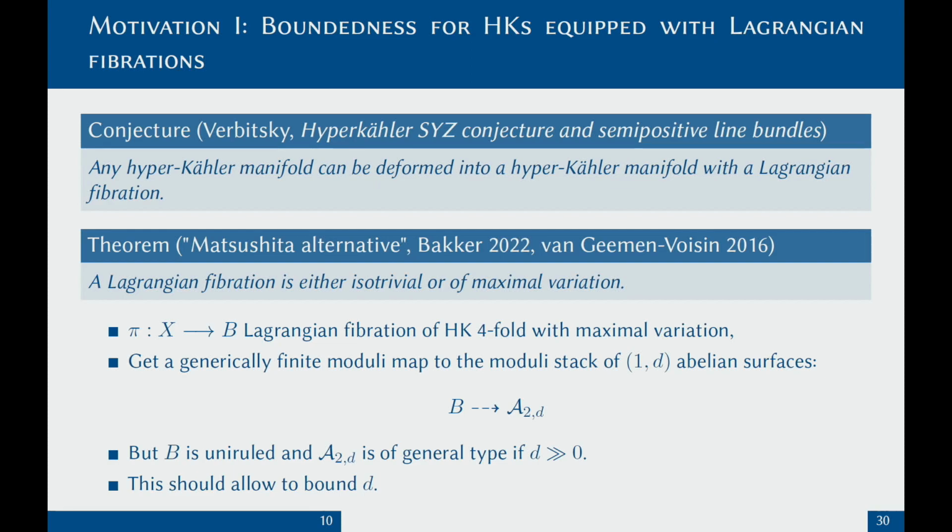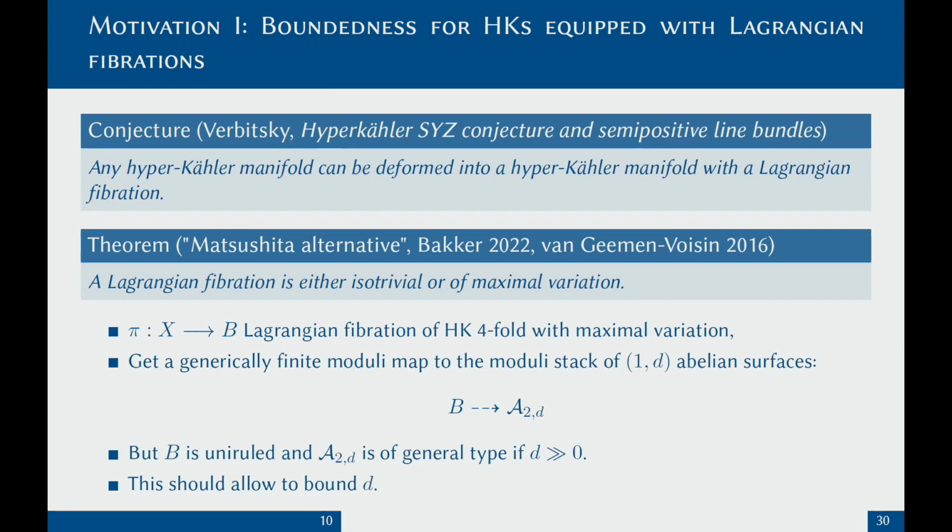Okay, so part of our motivation is this boundedness problem that I mentioned. Are there finitely many deformation types for hyper-Kähler manifolds in every dimension? And one of the ways to approach this is to try to use what's called the hyper-Kähler SYZ conjecture. So I'm not necessarily attributing it to Misha. It's treated in his paper. Is it kind of a folklore conjecture?